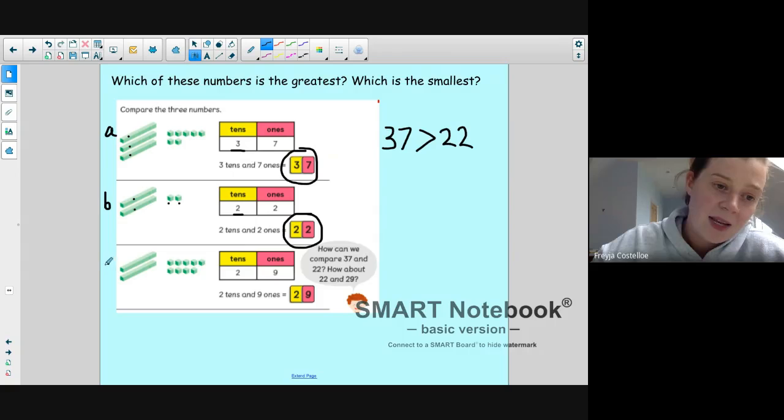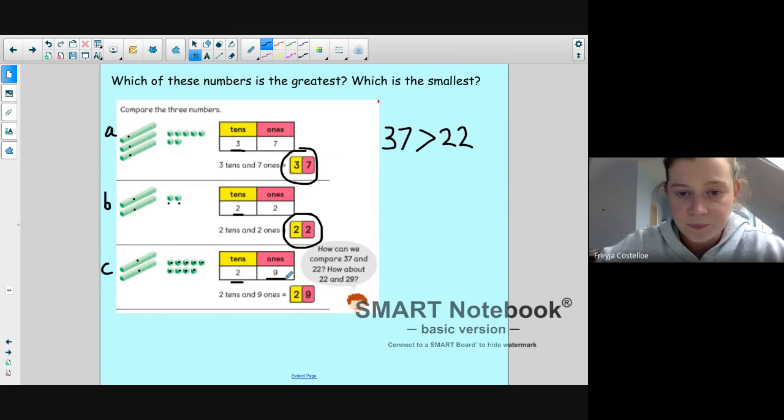So let's look at question C now. So how many tens have we got here? 1, 2, good. 2 tens in the box. How many ones? 1, 2, 3, 4, 5, 6, 7, 8, 9. Lovely. 9 ones in the box.